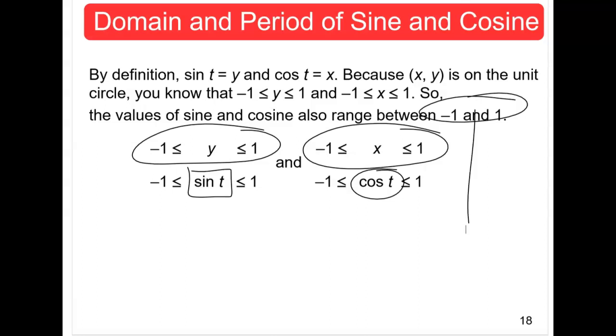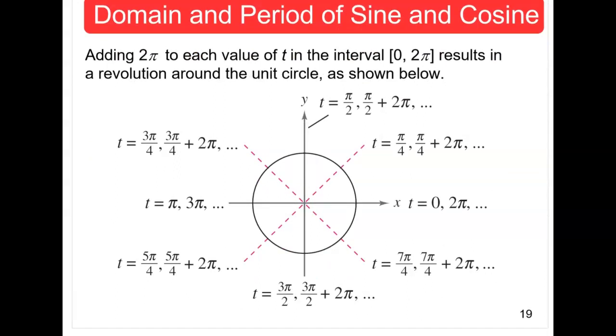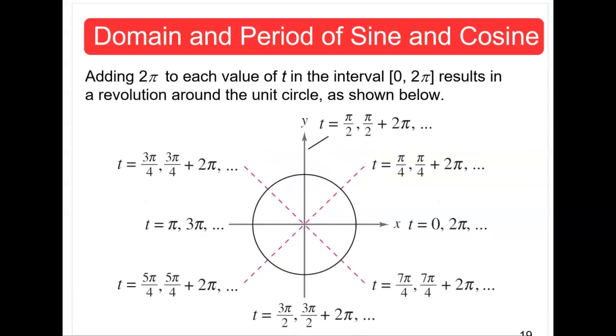Okay, so the next concept that we're going to explain is how, if you keep increasing rotations or revolutions, that is going to make you land at the same point. So for example, the angle here is going to be pi over 4. If we start at the positive x-axis and go that rotation, the terminal side will be where pi over 4 lands.